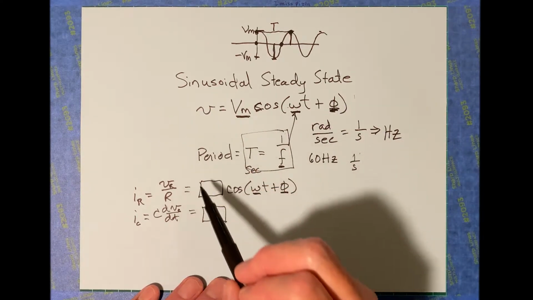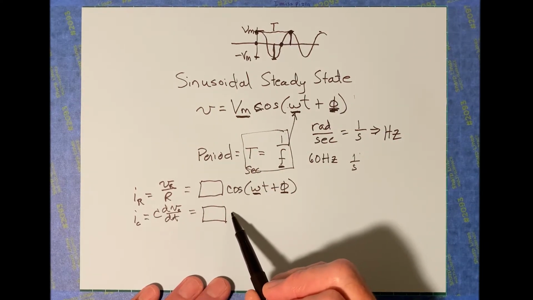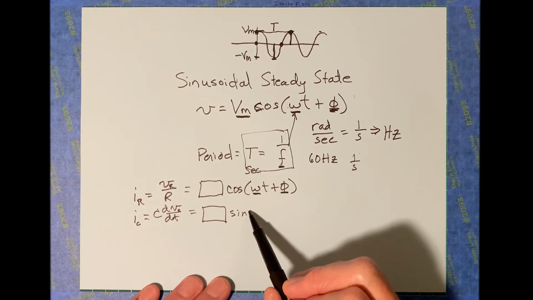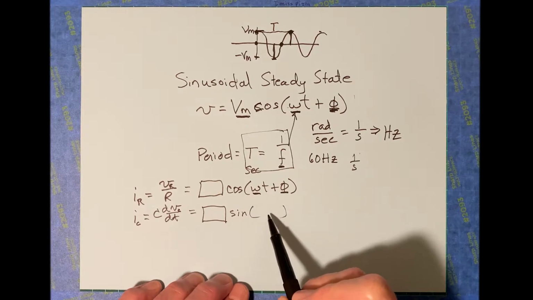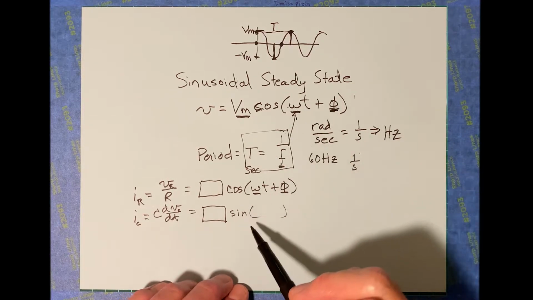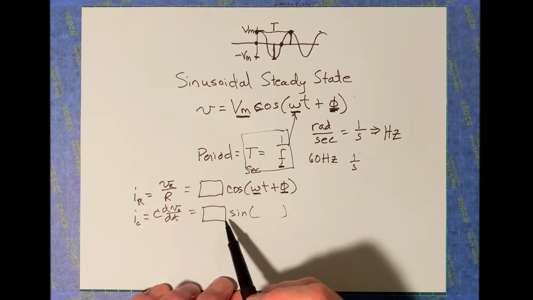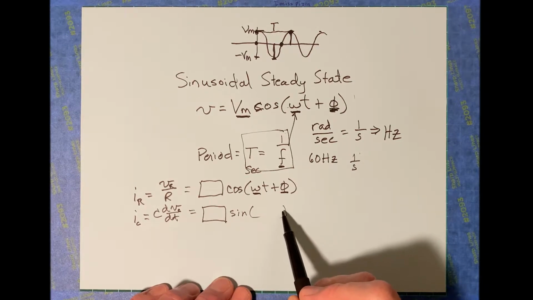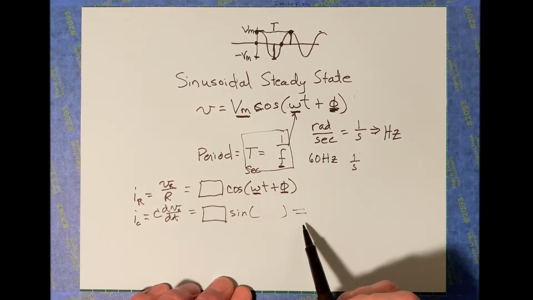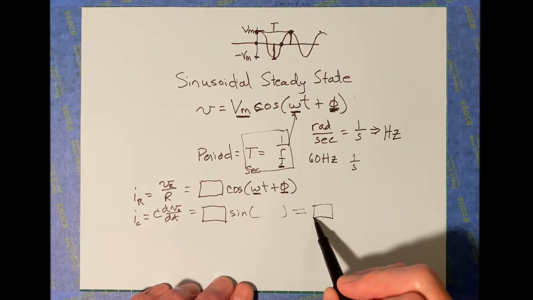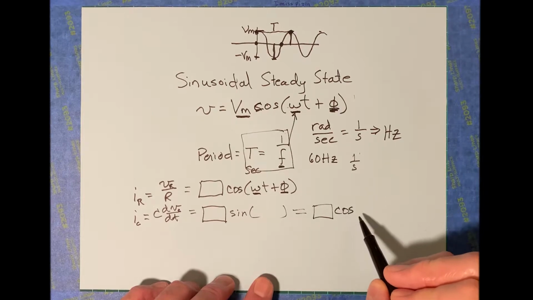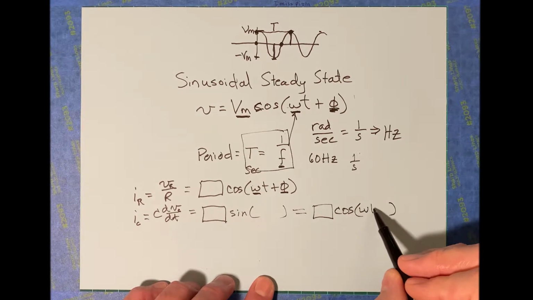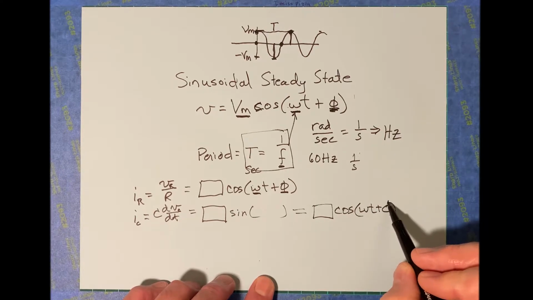But you're going to end up with something that is actually going to be some sort of sinusoidal function. And there's going to be an angle here. In fact, that angle is going to be exactly the same. But if you take that sine and you change the phase angle, you could rewrite this in terms of an amplitude times a cosine, and the cosine is going to be omega t plus a different phase angle.